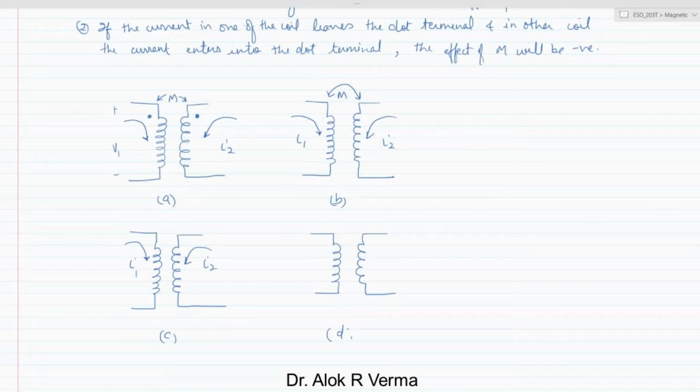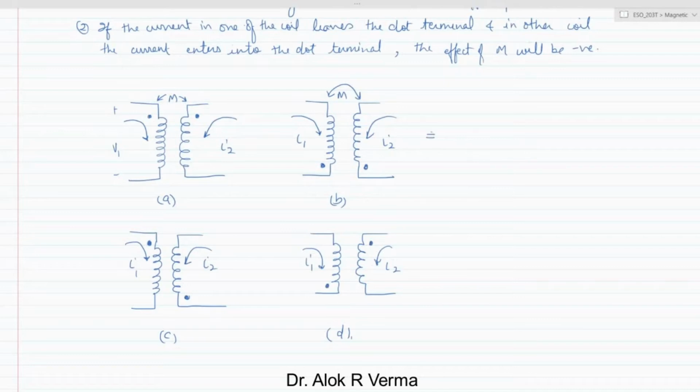So in these 4 possible cases, let us give some kind of dot notation. Let us give these dots here, and now assume this current as I1 and this as I2, and one dot is here, one is here. These are the 4 possible cases.